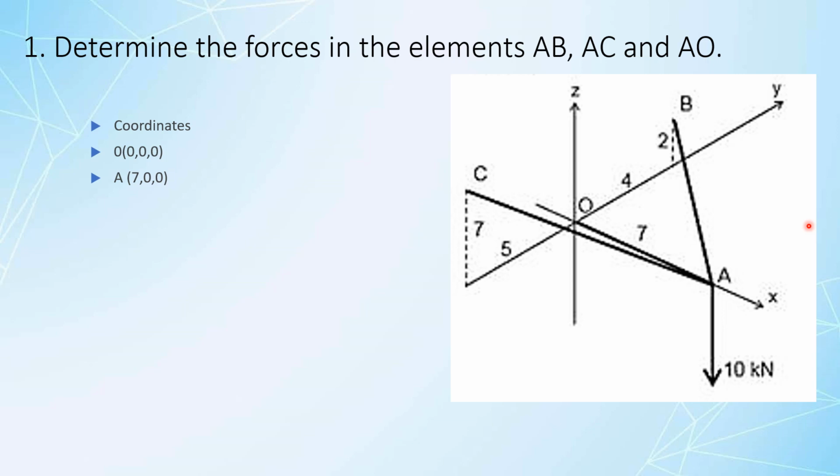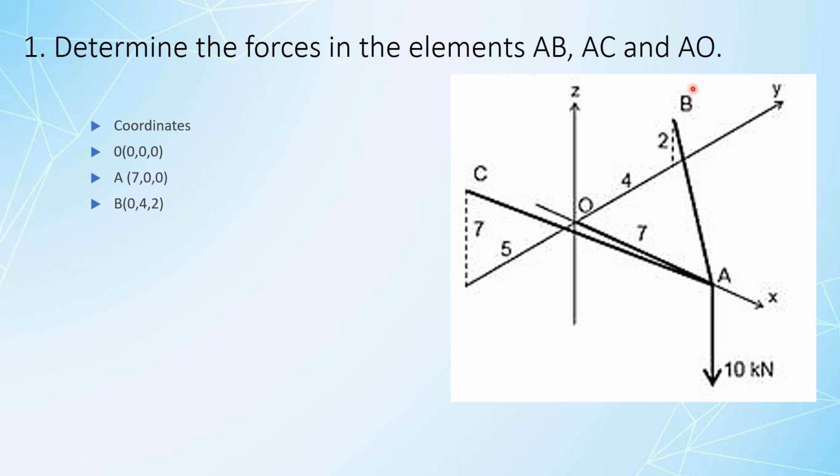Now we'll see what are the coordinates of point B. For point B, this is our B. You can see that there is no distance marked in the direction of x. This is our x-axis. So in the direction of x-axis or parallel to x-axis, there is no distance marked corresponding to O. Therefore, the x-coordinate of B is 0.